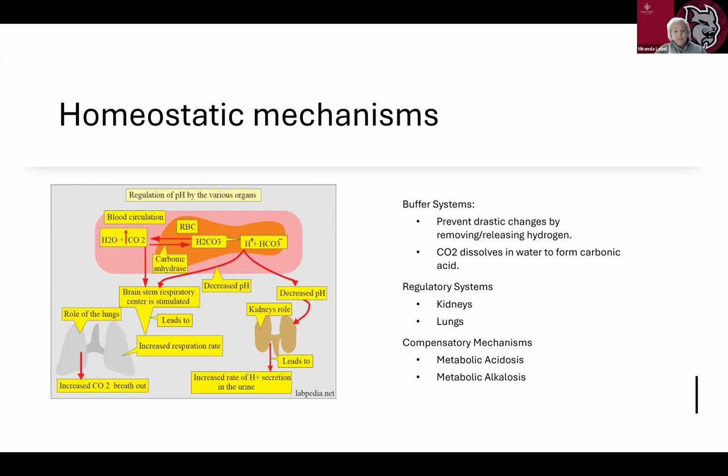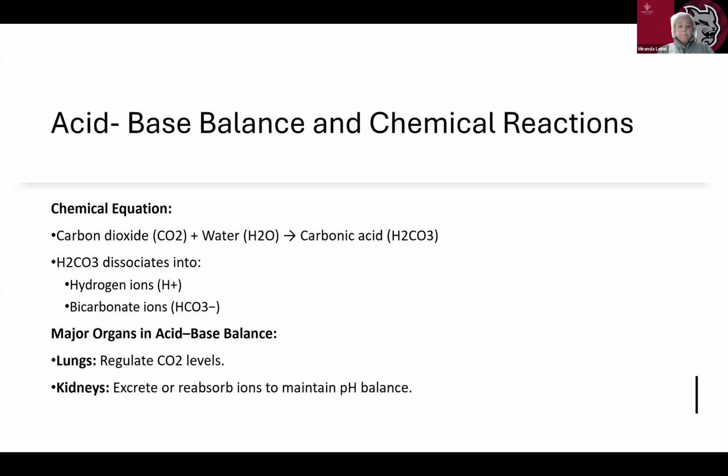So understanding these acid-base imbalances requires knowledge of the bicarb buffer and chemical reactions. And then we have the acid-base balance and the chemical reaction. So again, the chemical equation here is carbon dioxide plus water equals carbonic acid. Carbonic acid dissociates into hydrogen and bicarb. The major organs in acid-base balance we know are lungs, which regulate the CO2 levels, and kidneys, which excrete and reabsorb ions to balance that pH.